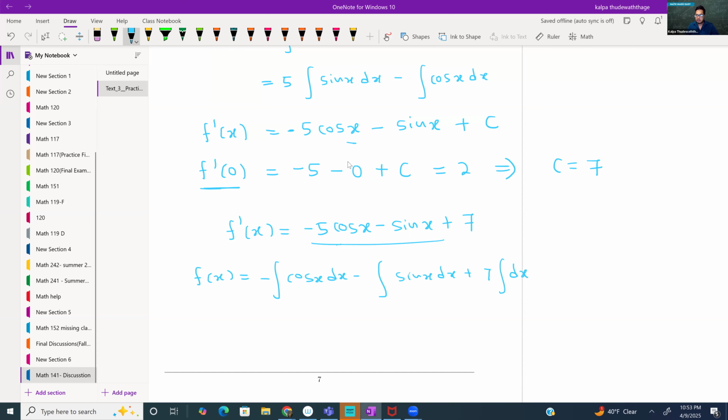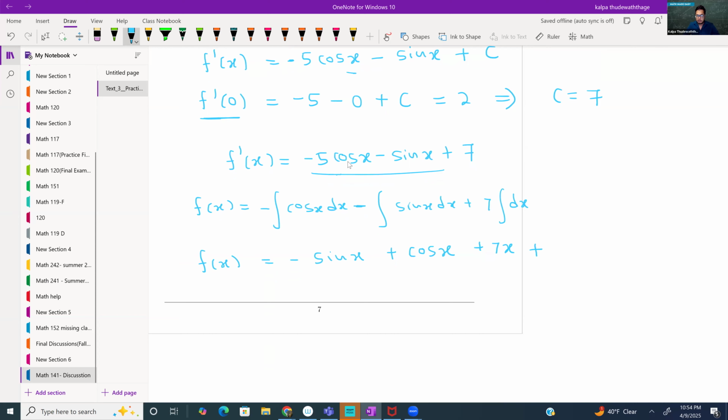Integration of 7 is actually 7x, because the derivative of 7x is 7. Integration of sine is minus cosine, so it will be plus because of this minus. So here you have minus sine x. That's your original function, but you have to include plus c.